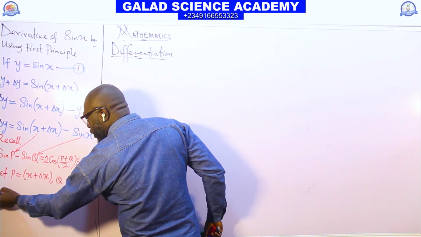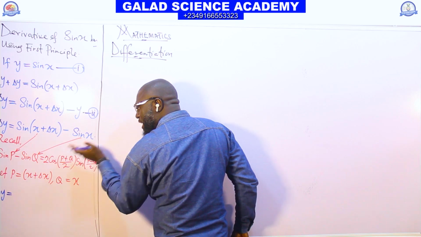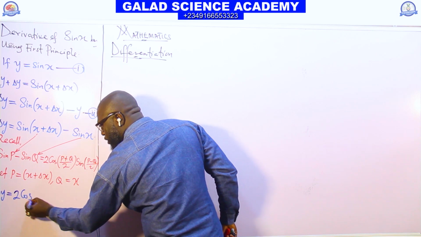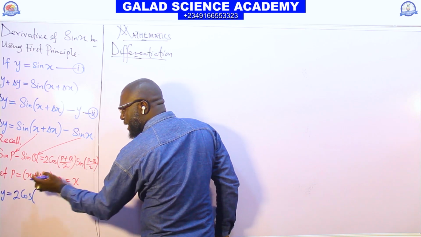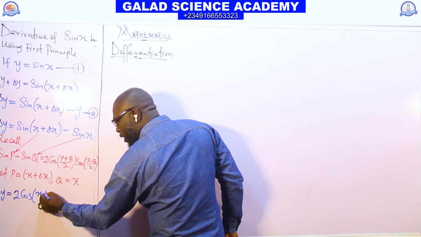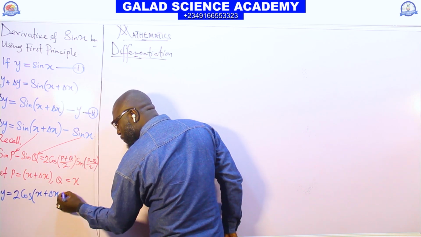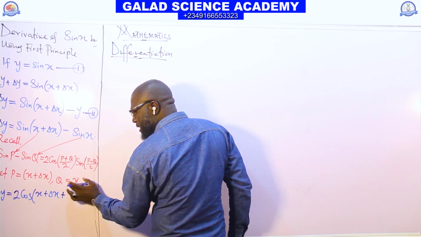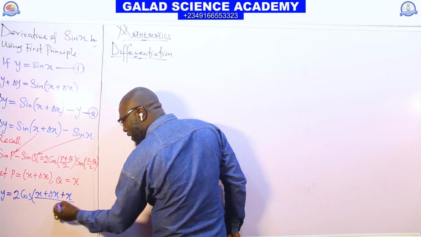So once you agree with that, you can now move to this. Change in y should be equal to, everything we have here is equal to 2 cos of p plus q. What is my p? p is x plus change in x. That is p. What is q? The q here is x. I've said it here before now. q is x. Everything over 2.